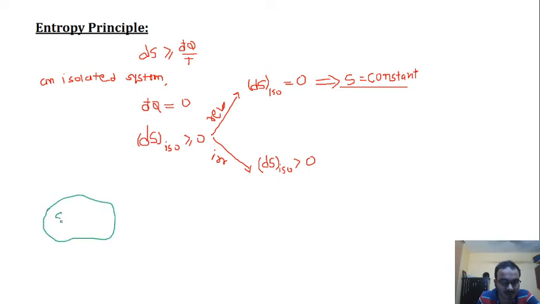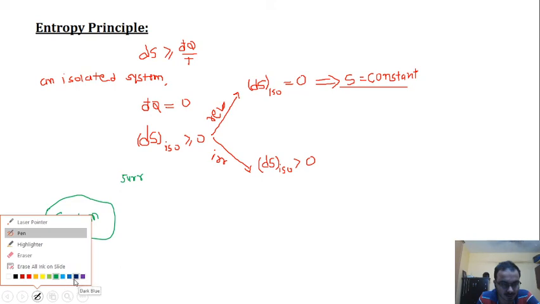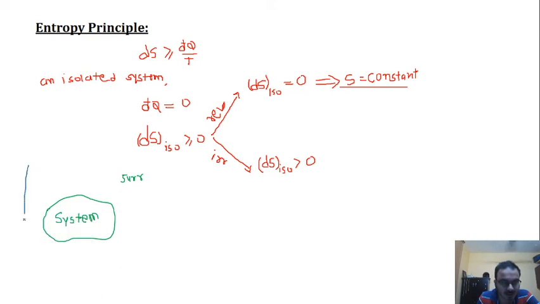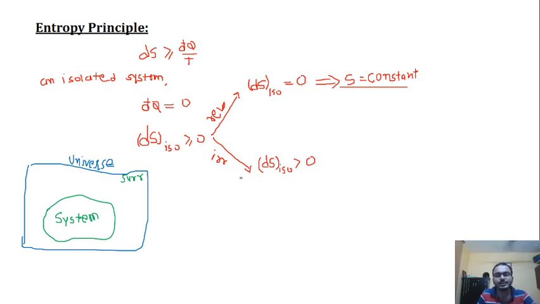Now one more thing that I would like to add: let us say we have our system and the remaining part is the surrounding. When we combine system and surrounding together, it becomes a universe, and this universe behaves exactly as an isolated system.